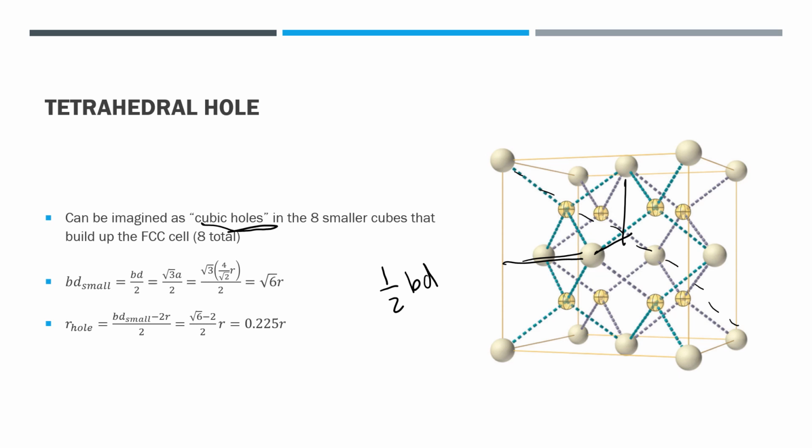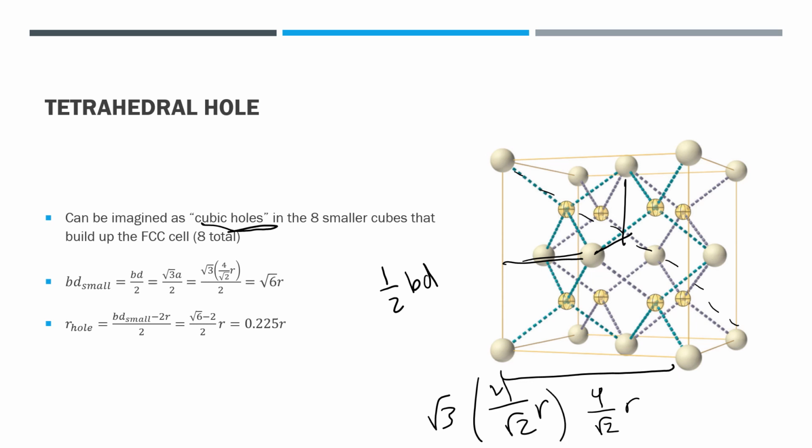So how do I figure out the body diagonal of the big cube? Remember, this is an FCC lattice, so I know that the edge length is equal to 4 over square root 2 r. I also know that the body diagonal is equal to square root 3 times the edge length. So root 3 times a, or root 3 times 4 over root 2 r, will give me the body diagonal.